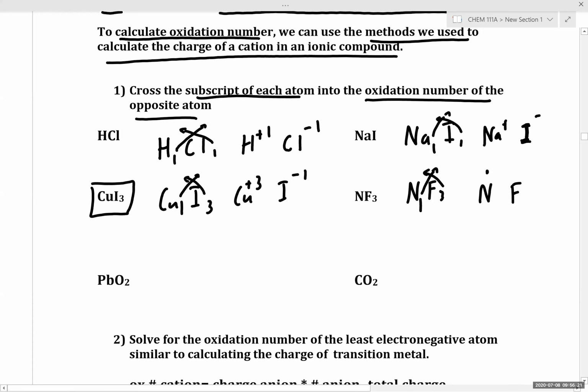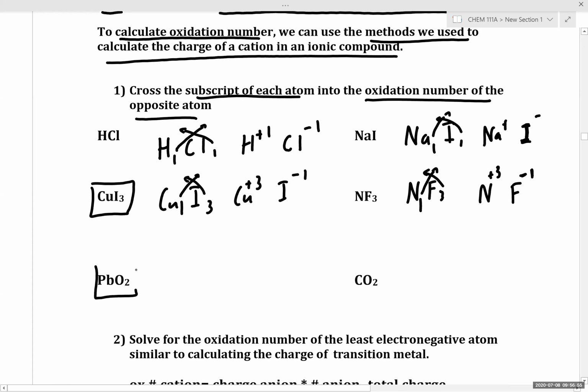Yep, +3. Fluorine has an oxidation number of -1. Essentially what we're doing in this theoretical charge method is we're treating our covalent compound as if it's ionic, and then in turn, we're solving for the theoretical charge or the oxidation number of our least electronegative atom, similar to how we solved for the charge of a cation.